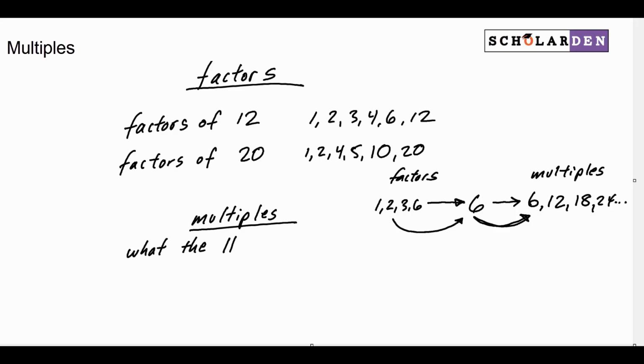So we could think of multiples as what the number divides into, or what it multiplies to when you're multiplying it by an integer. And the multiples are really just counting by that number.